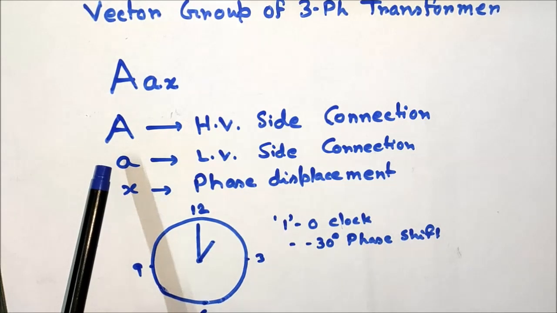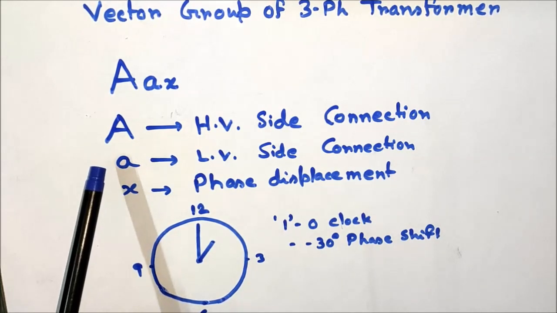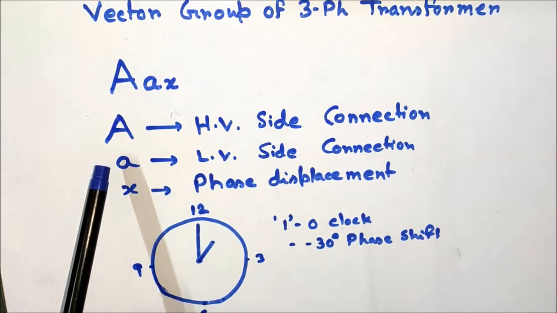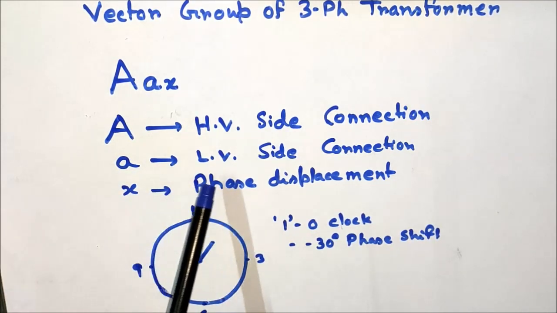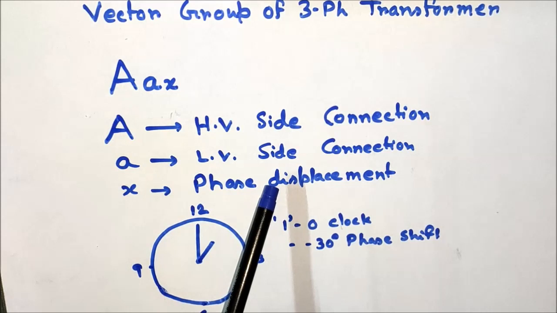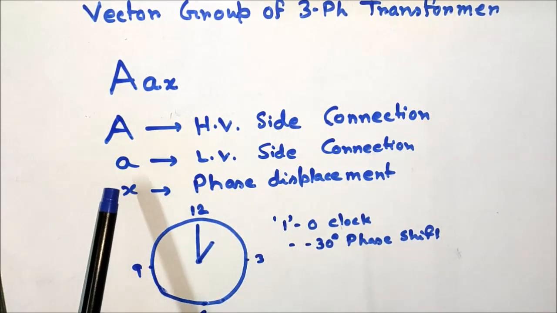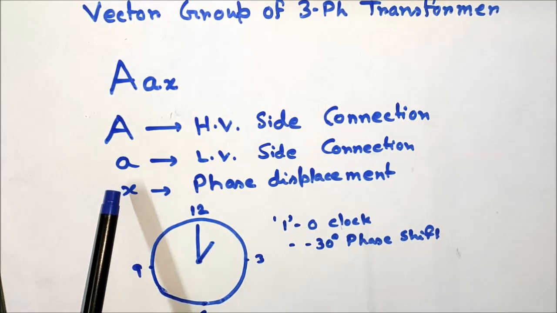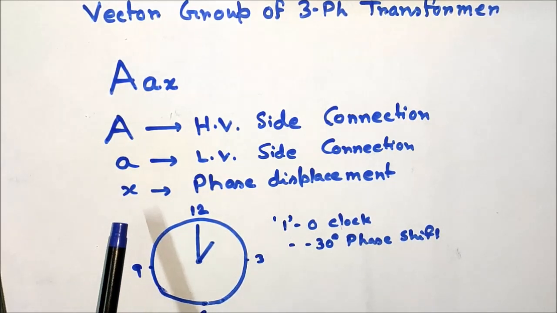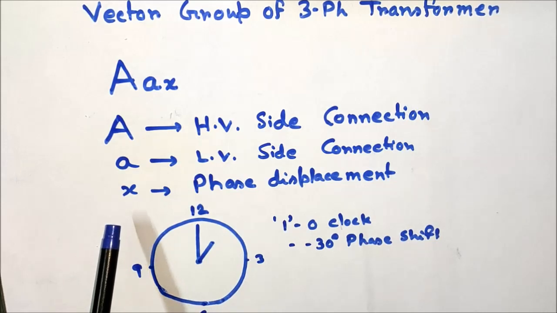If it is a star connection, then it will be capital Y. If it is a delta connection, it will be capital D. Small a represents the LV side connection of the transformer. If it is a star connection, then it will be small y. If it is a delta connection, then it will be small d. And x represents the phase displacement based on the clock rotation.